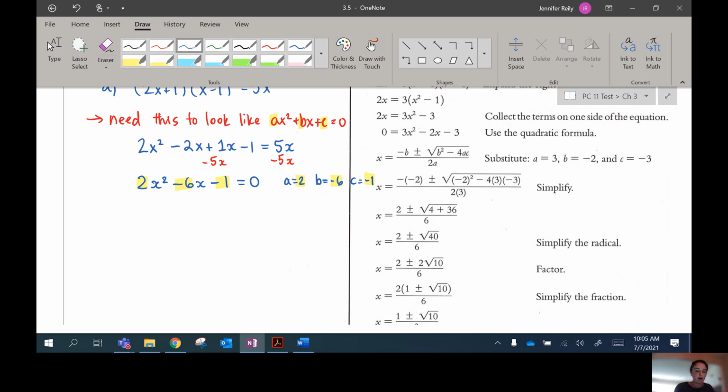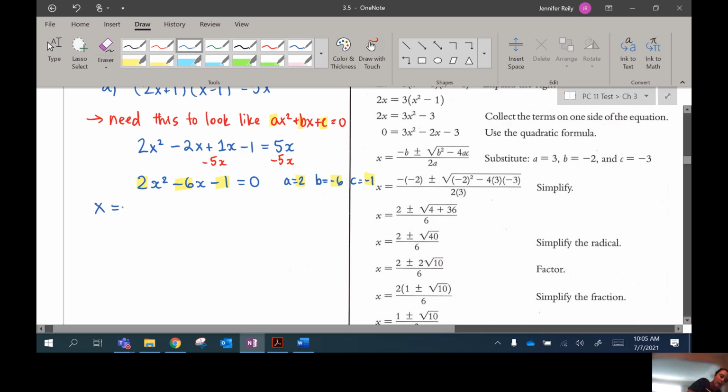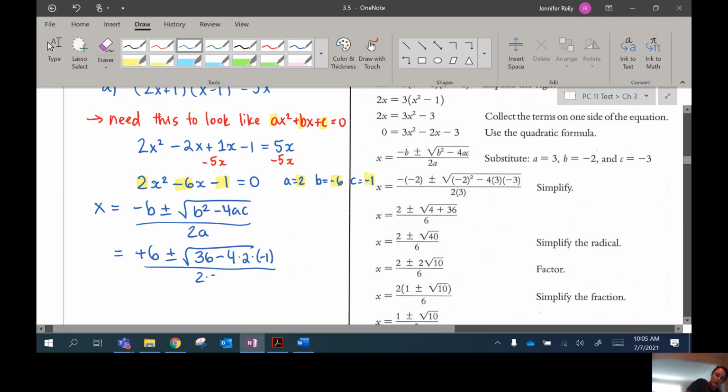Okay, so now I'm ready to apply my quadratic formula. So it's -b plus or minus the square root of b squared minus 4ac, all over 2a. So it's going to be -(-6), so positive 6, plus or minus the square root of 36 minus 4 times 2 times -1, all over 2 times 2.